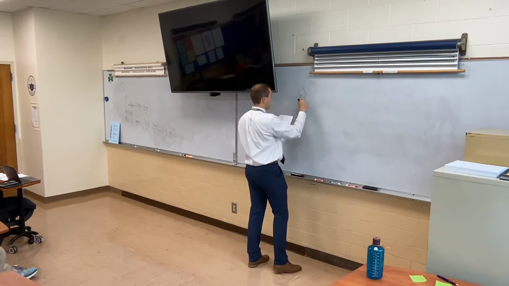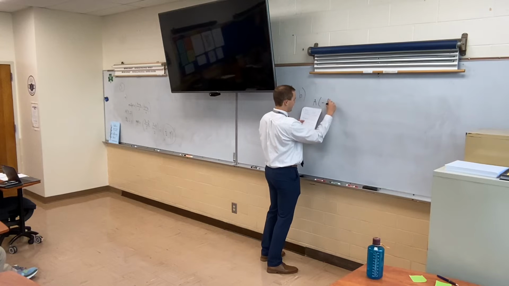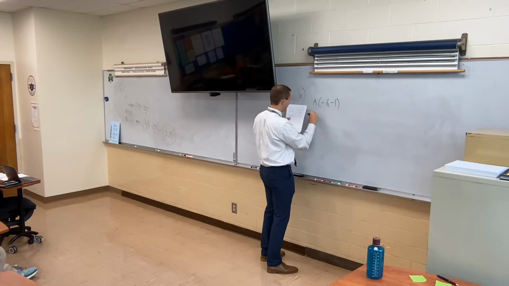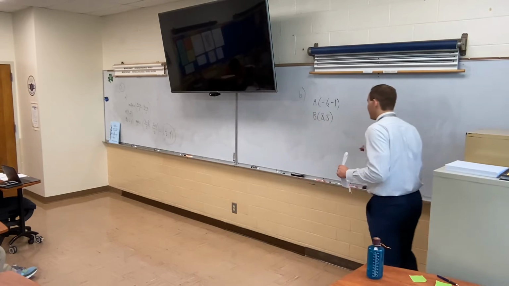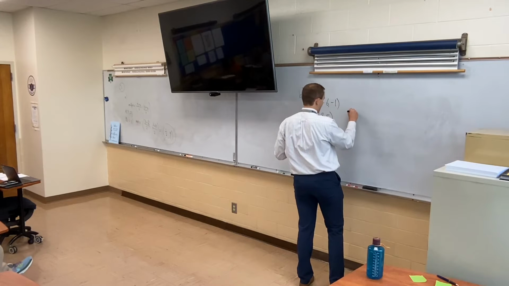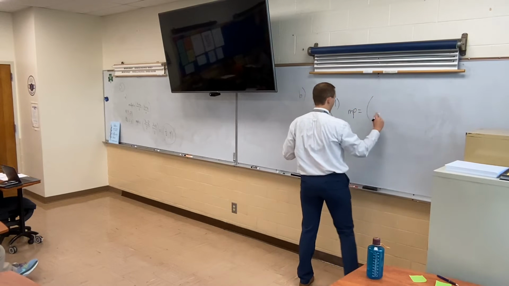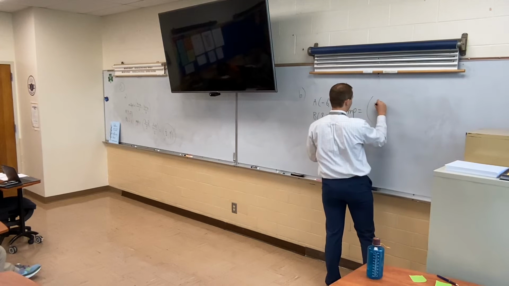For B, we have point A is -6, -1. Point B is 8, 5. So it's our midpoint formula, okay? So midpoint MP equals, add my x's, -6 plus 8.